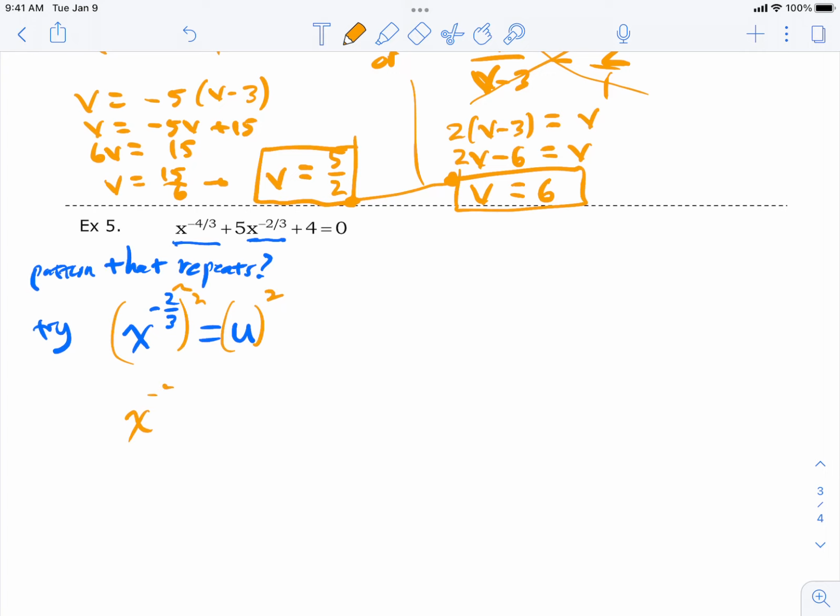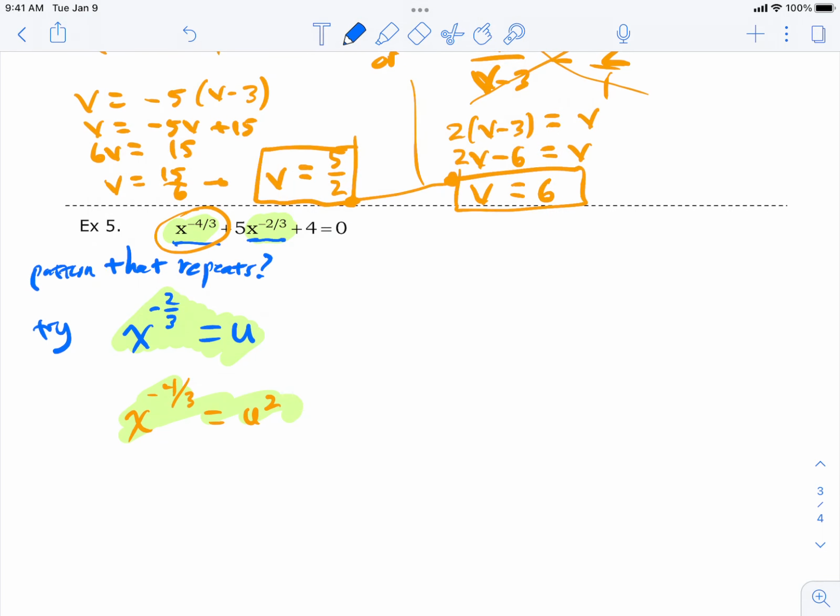Negative 2/3 times 2 is this. And that's fortunate. So let me erase this here, because it's in the way. It's hiding what I'm trying to show you. If we let x to the minus 2/3 be u, in other words, we let this part be u, then it turns out this other part is u squared. Woohoo!